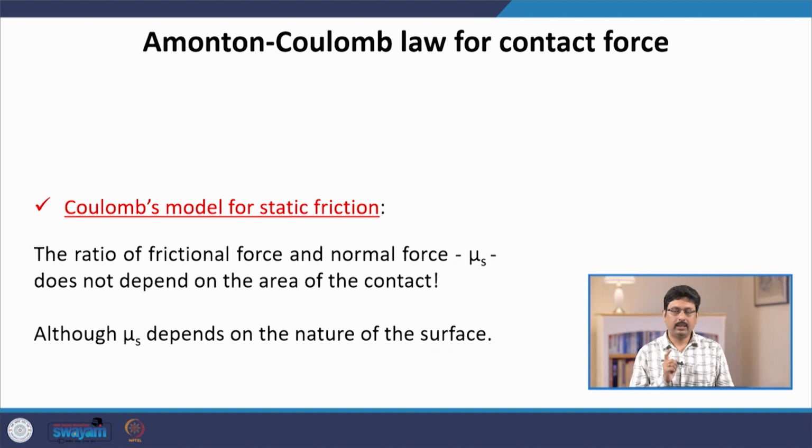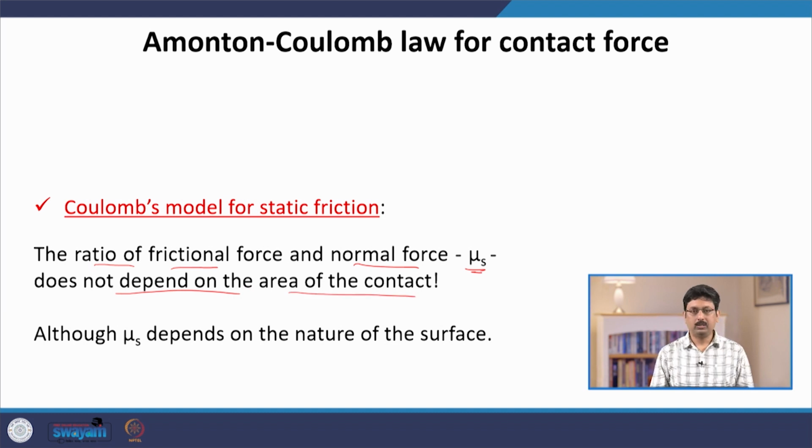Now, the third important point about this Coulomb's law of friction is that it is an amazingly simple law. It says that this ratio of the frictional force and the normal force, which is this coefficient mu s, does not depend on the area of the contact.